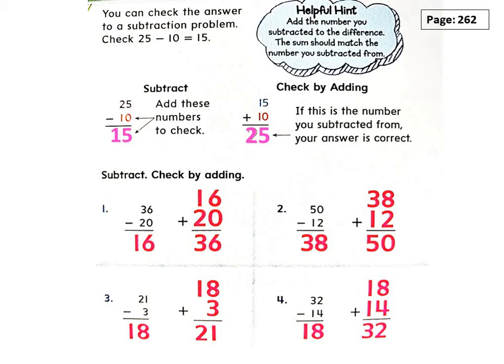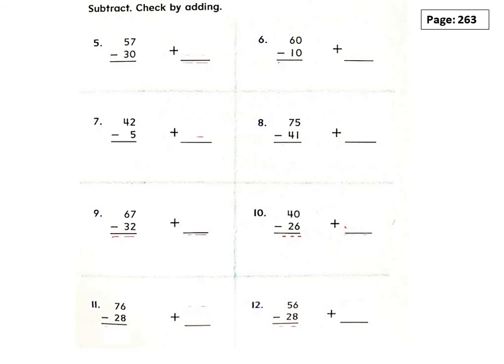So please, grade 2, be sure to write these answers in your book, page number 262. Now let's see the next page. We have many questions to practice here. Interesting. Page number 263. Now try to solve these questions by yourself, grade 2.